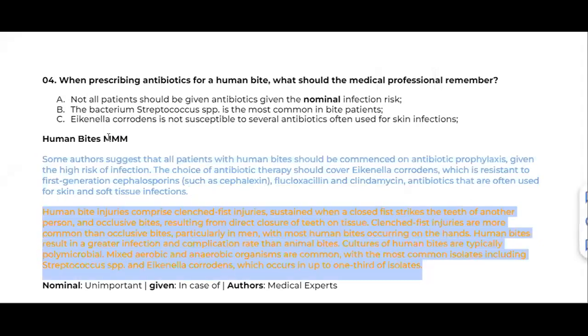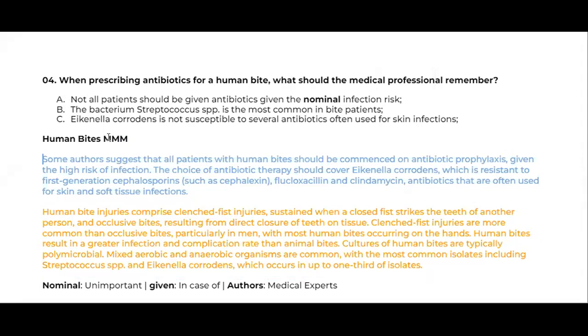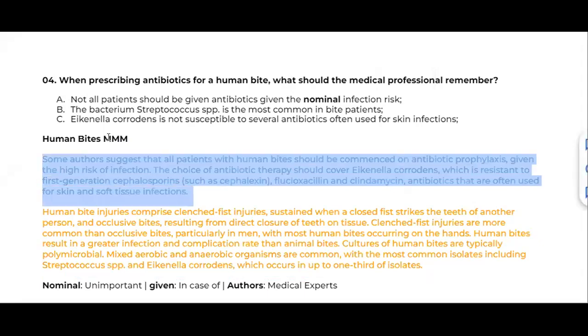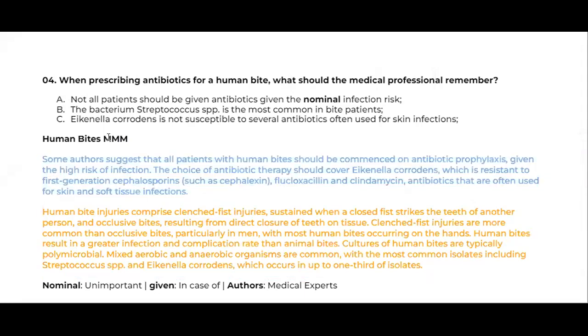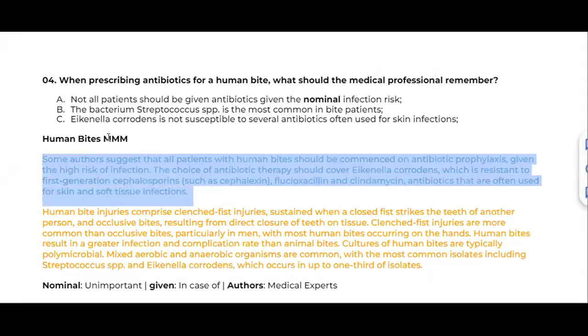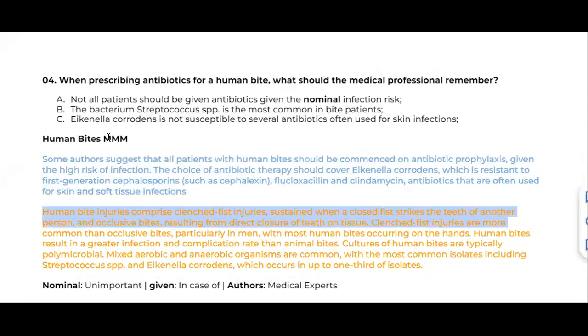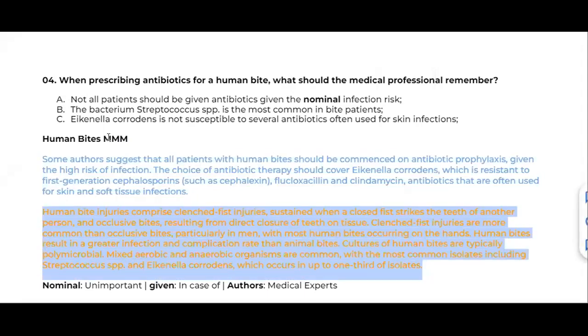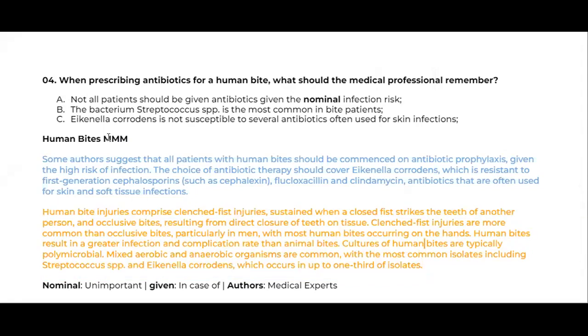If you simply waste your time here, that is a problem. Whenever you have a part B having two paragraphs, I have always noticed that the answer will come only from one of those paragraphs, not from both of them. And in many cases, answers will come from the second paragraph rather than the first paragraph.